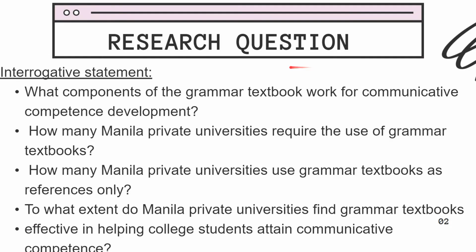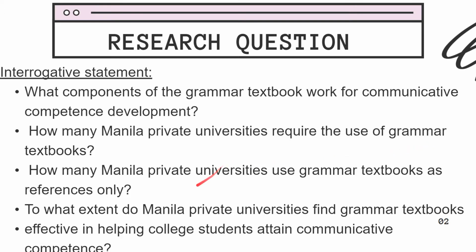So research questions are, of course, since the name is already stated there, presented as interrogative statements. So we have here, what components of grammar textbooks work for communicative competence development? How many Manila private universities require?